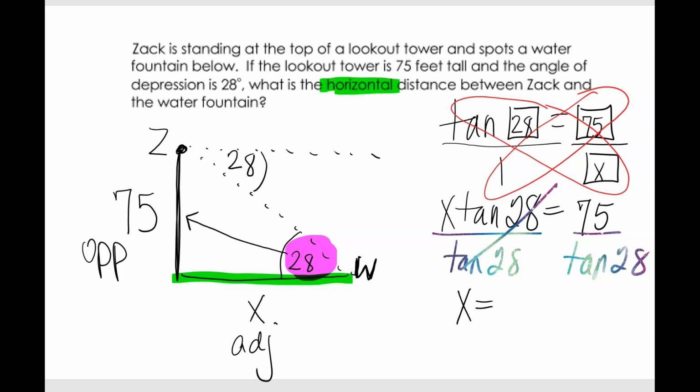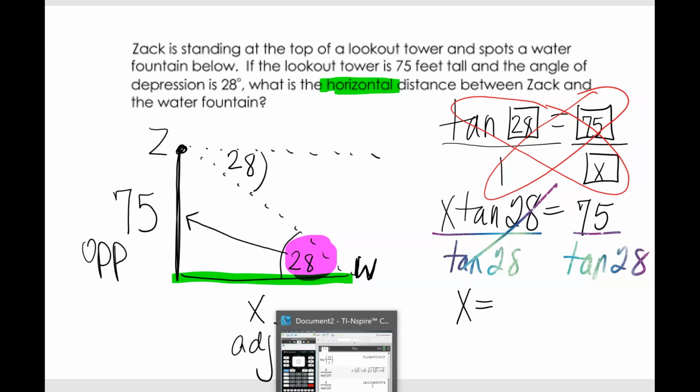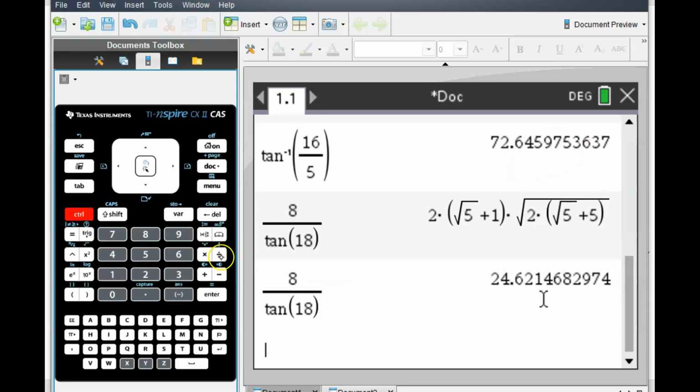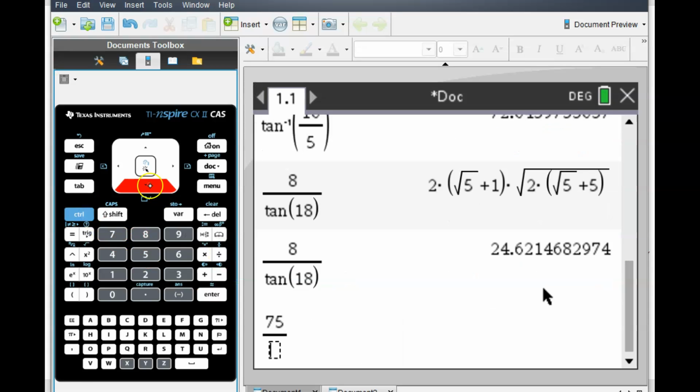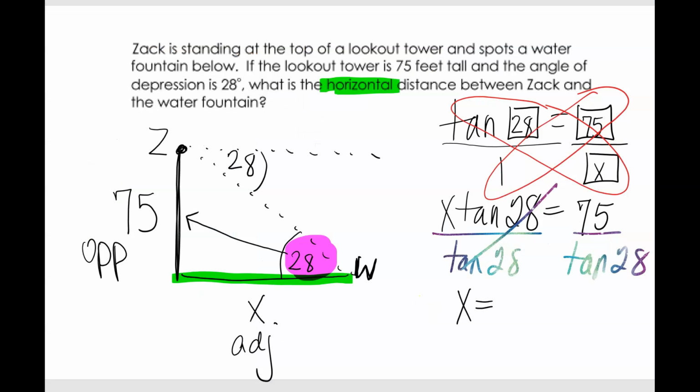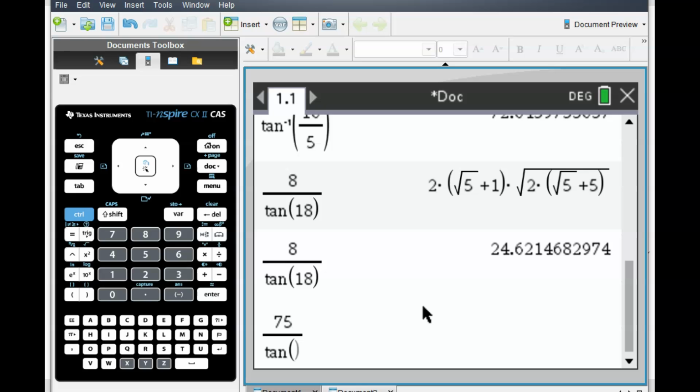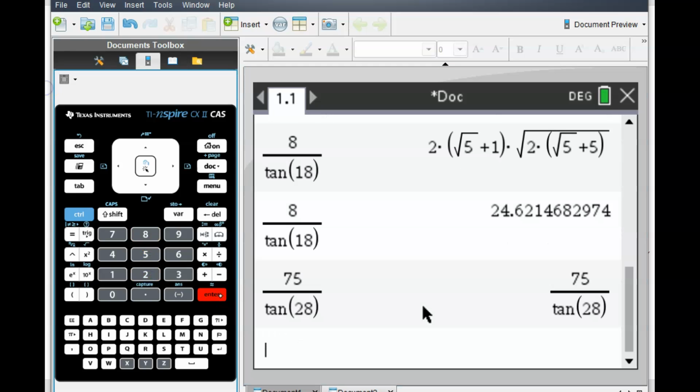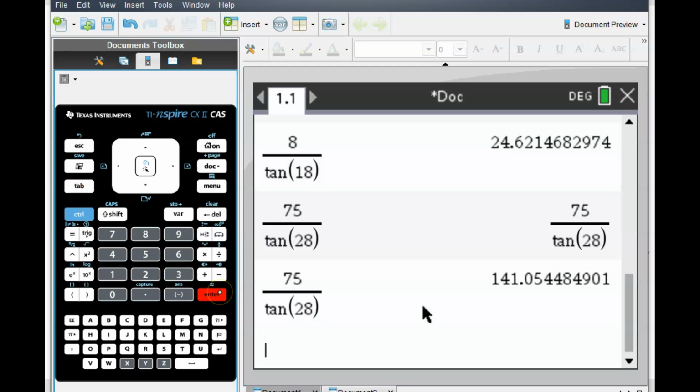So we get x equals 75 divided by the tangent of 28. 75 divided by the tangent of 28. Now hold on, I just want to make sure I have the correct angle. So that would be 141.0545.